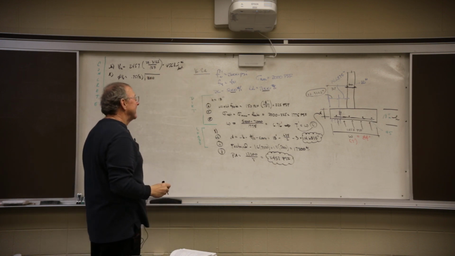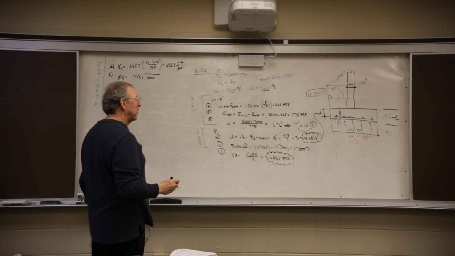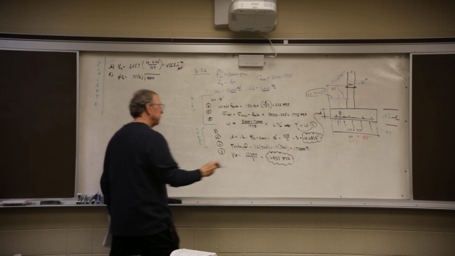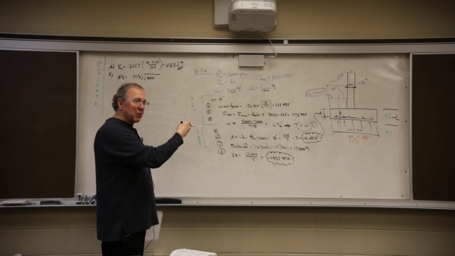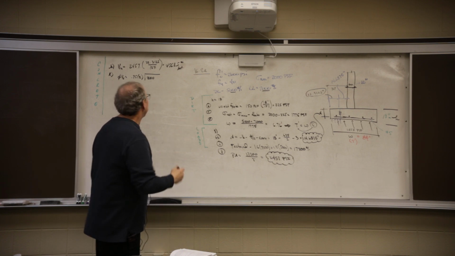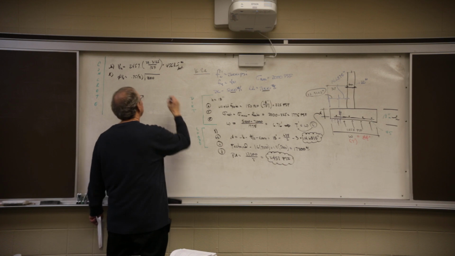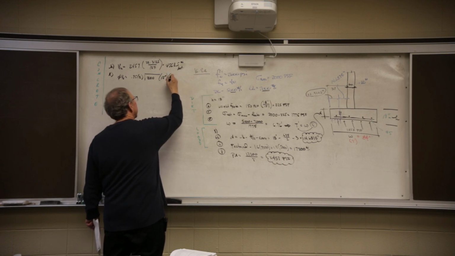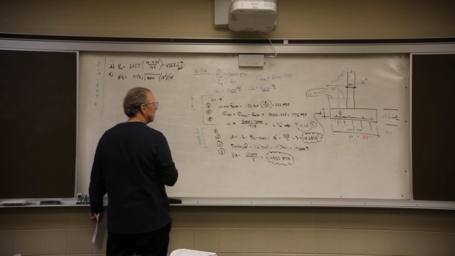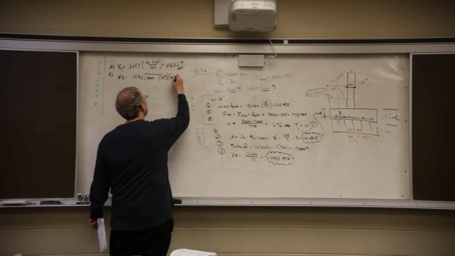Multiply it by B and D. D is simple. It's right here. B is always 12 inches. B is the distance into the board. And for a footer that is continuous, we're doing a 12-inch strip. And D, 14.6875.